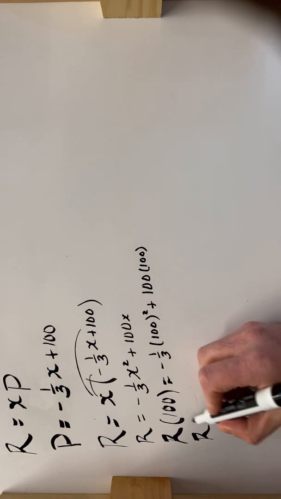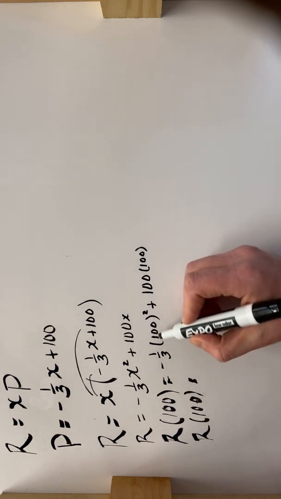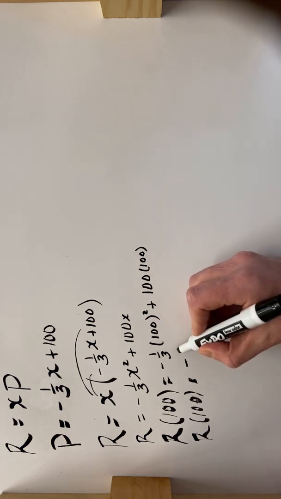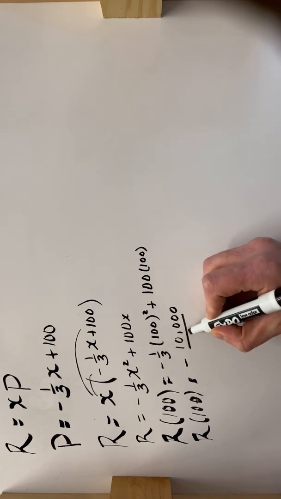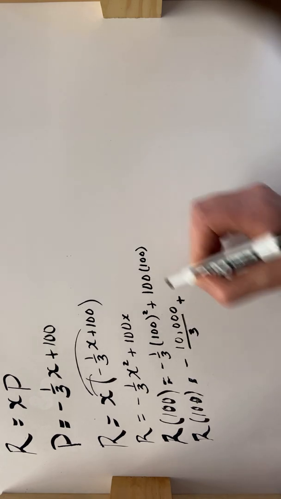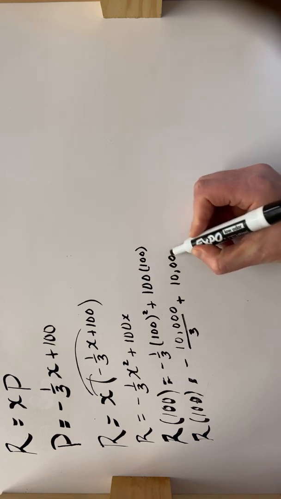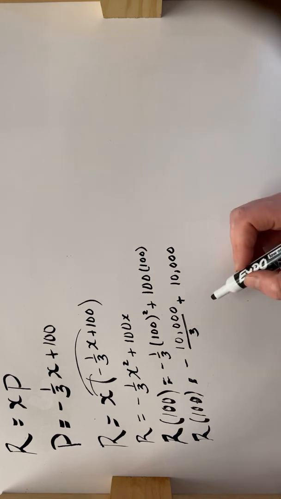I have R of 100 is equal to, 100 squared is 10,000, so I have minus 10,000 over 3 plus 100 times 100, that's 10,000. And so I have minus 10,000 over 3 plus 10,000.